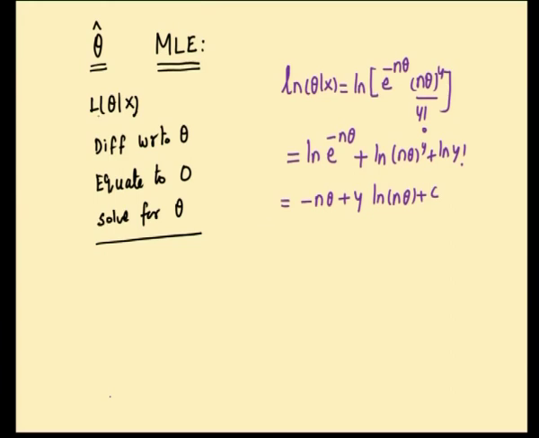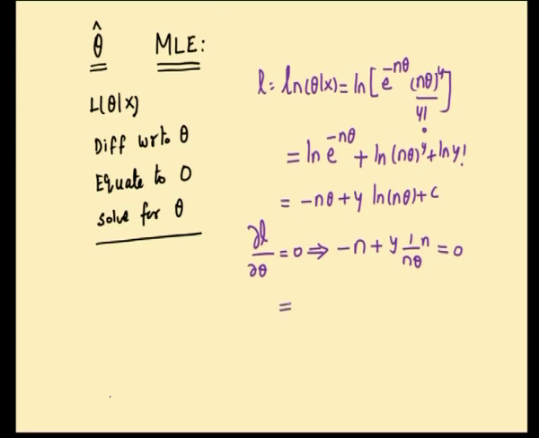The idea is finding the maximum value based on L, capital L in its original form, or the transformed log; both are the same, therefore I am using that property. I calculate small l, that is ∂L/∂θ, and equate it to 0. Differentiating with respect to θ, that will be minus n plus y times log of nθ, which is 1 by nθ into the differentiation of nθ with respect to θ, equated to 0.